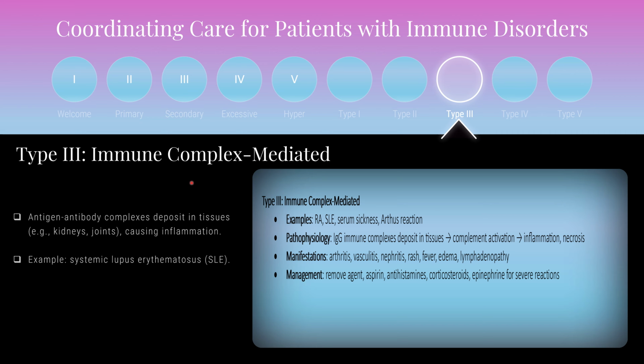So you see here examples, and then the patho is the IgG, the manifestation, management, epinephrine for severe reaction. Always you need to keep in mind for allergies, and ABCs.